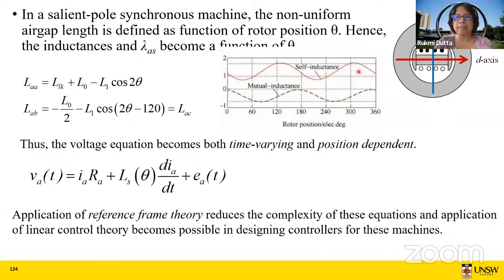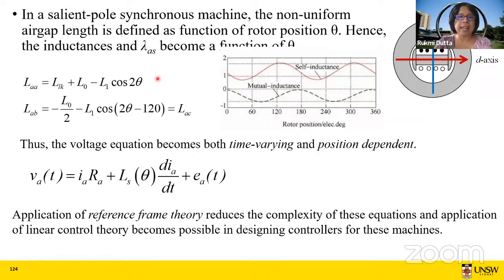If we do a Fourier analysis of these two waveforms, we will see it has a DC component and some harmonic component, and that harmonic is a second order harmonic, or 2 theta component. In mutual inductance it is the same thing, but the DC component will be half of the DC component of the self-inductance, and again it will have a second harmonic term.